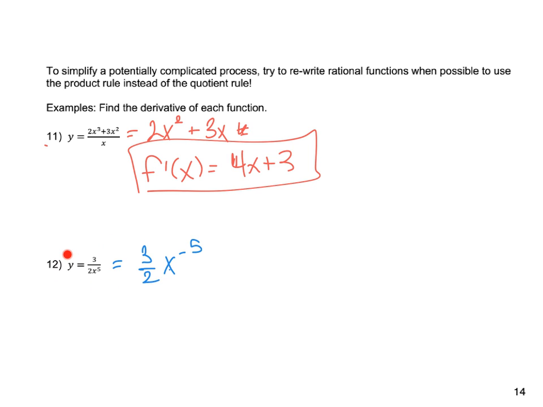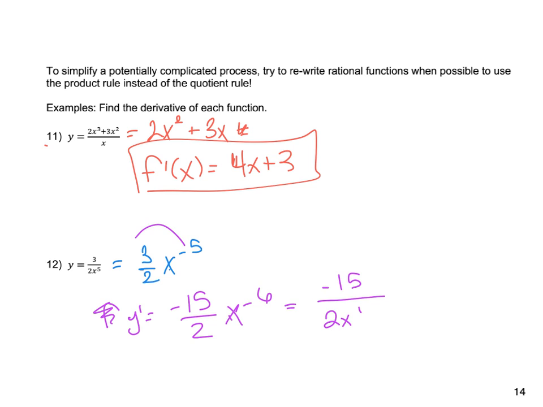Then apply the power rule. So we could just bring down the -5, and we would get y prime is -15/2 x to the -6, and then just rewrite it. So this is just a quicker way to get there.